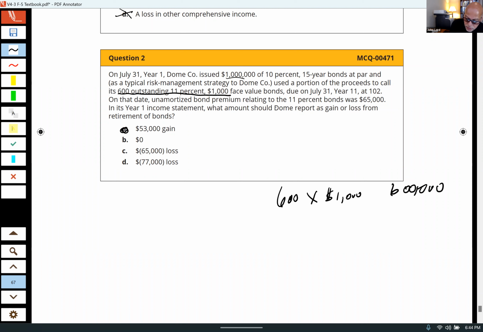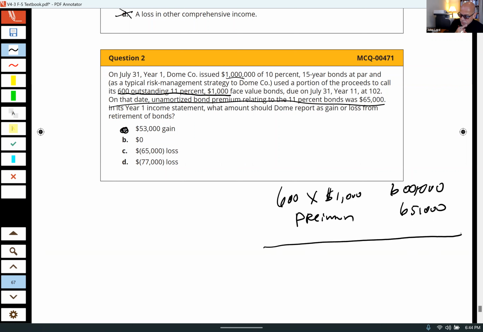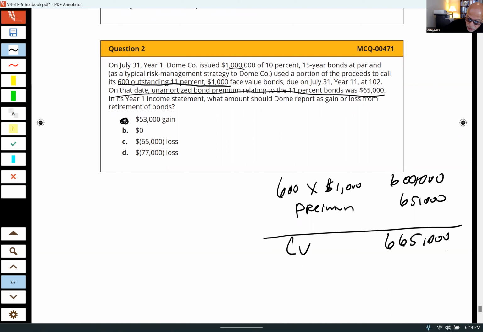But they tell us that the premium relating to these bonds is 65,000. So since the premium is 65,000 and the bonds have a face of 600,000, the carrying value of these bonds is 665,000.